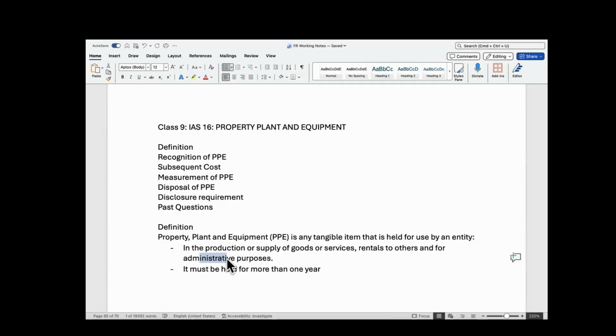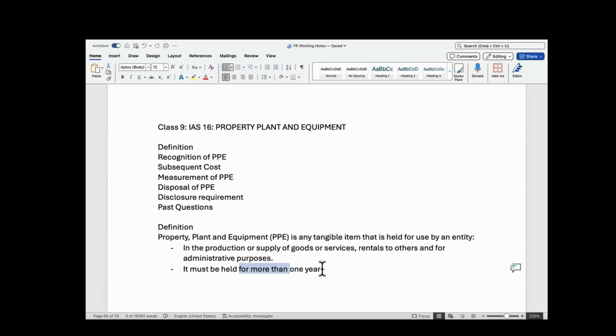Those are PPE, but they are only PPE if you are holding them for more than 1 year. That goes to show that if you are not holding it for more than 1 year, it cannot be PPE. In that case, you're probably going to expense it. You cannot even capitalize that in the first place. That would not even be an asset, because PPE is an asset.